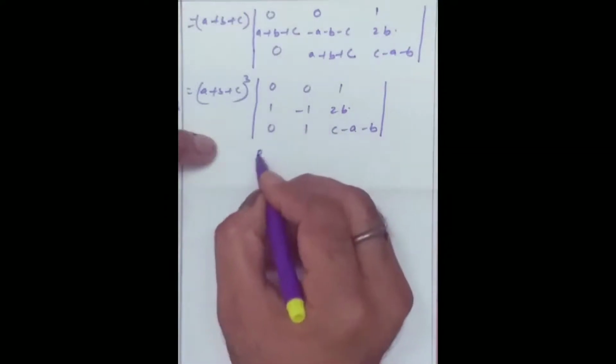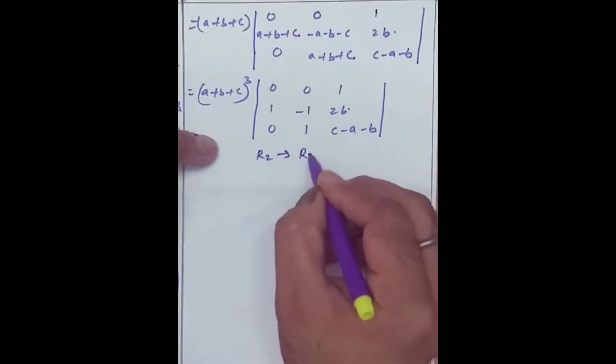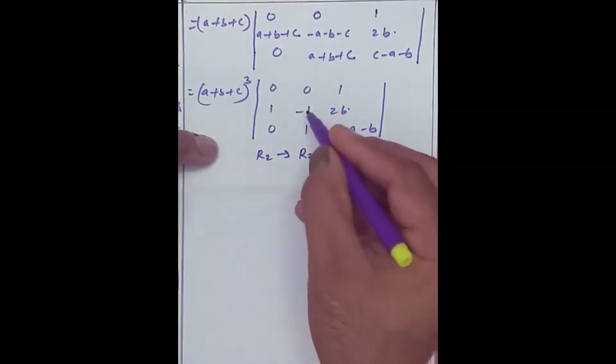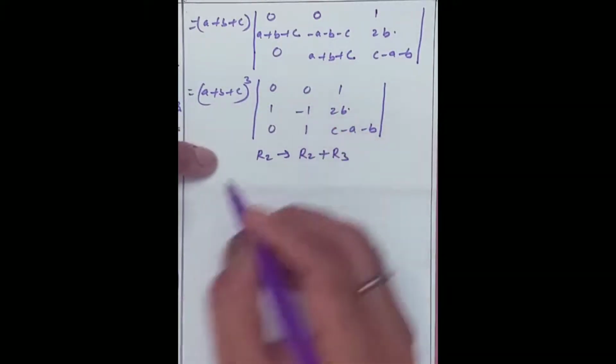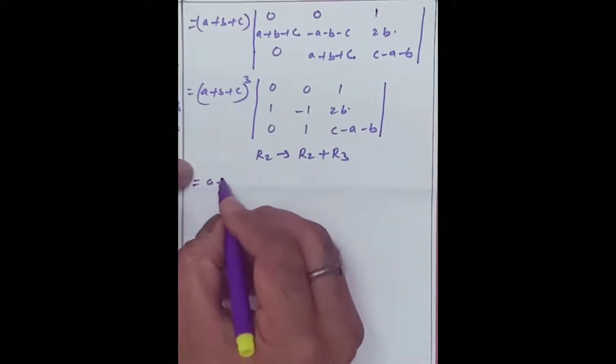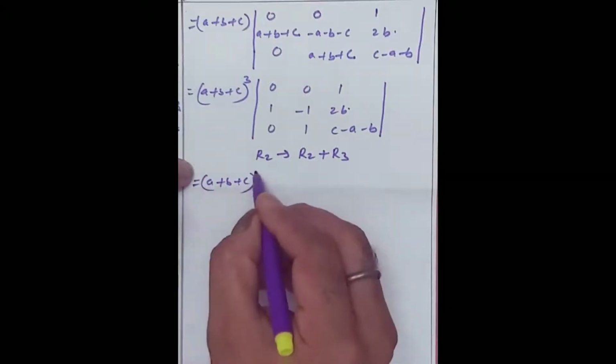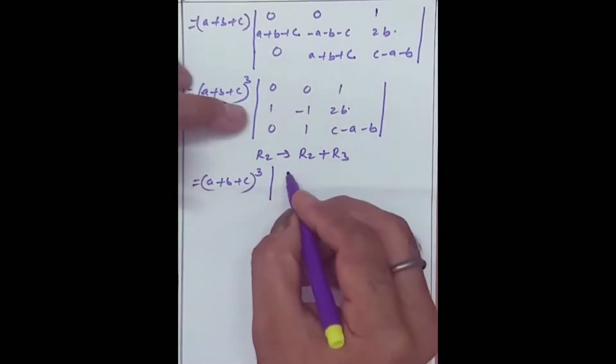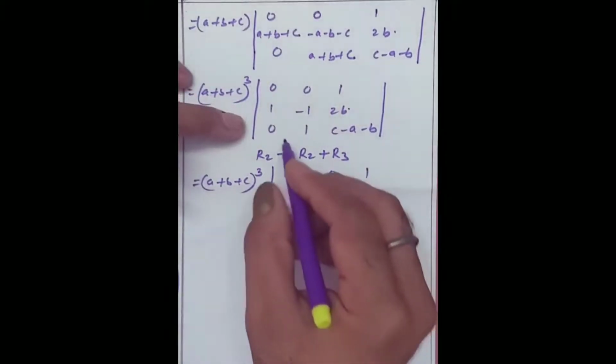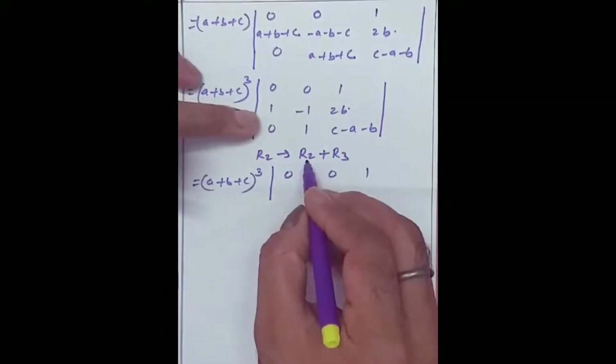Now if we change this, again the same operation like the previous question, R2 will change with the help of R2 plus R3. What will happen? Minus 1 plus 1 will give us 0. So outside is (a plus b plus c) whole power 3, and here we have 0, 0, 1, and then R2 changes with the help of R2 plus R3.